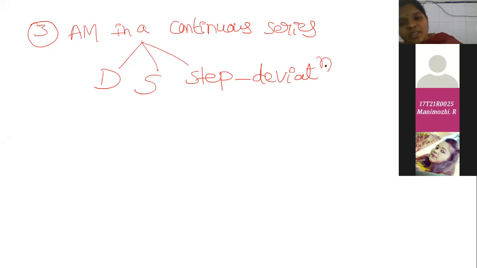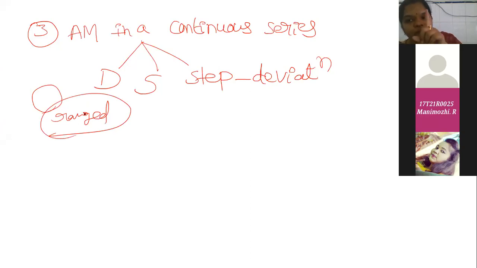What do you mean by discrete series? Your data is having rounded numbers. That means the data does not show any ranged values. By observing the data, you can get which method we need to use for calculating arithmetic mean. Just remember this. In a discrete series, you will get only rounded numbers in your data.